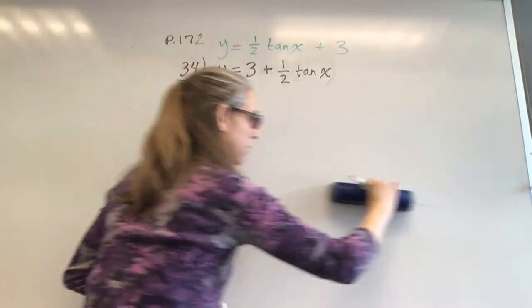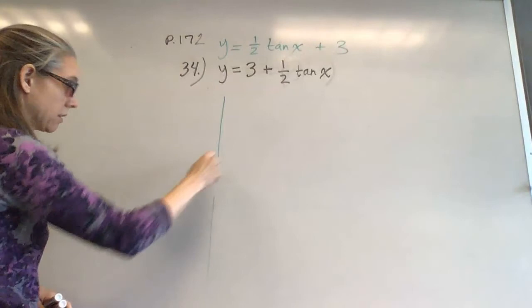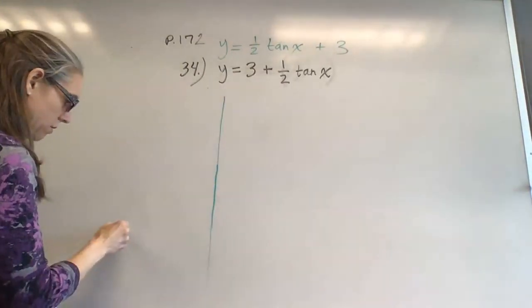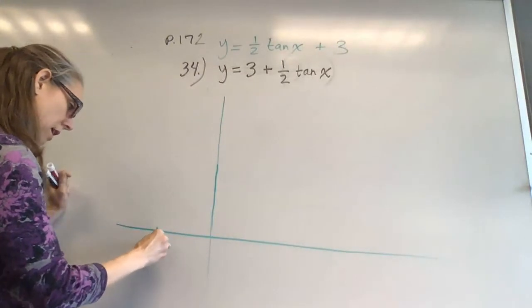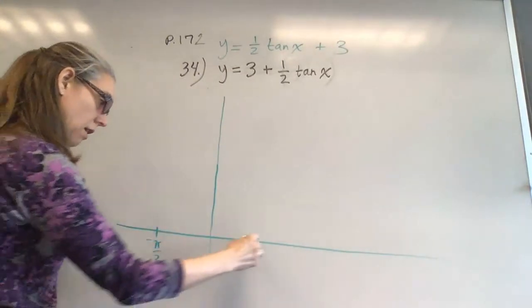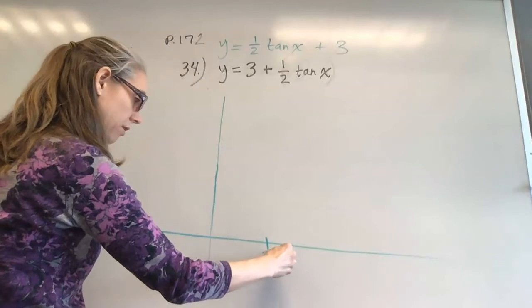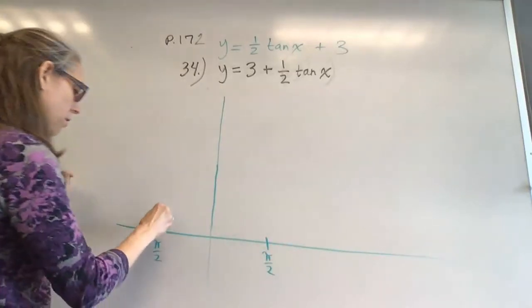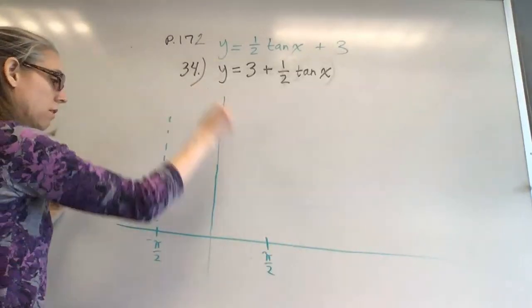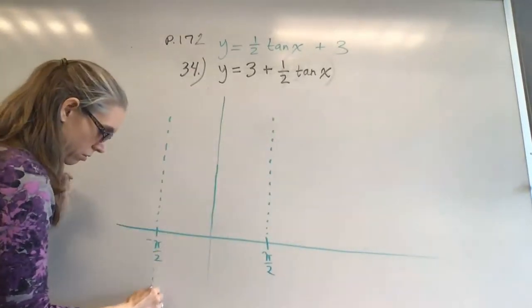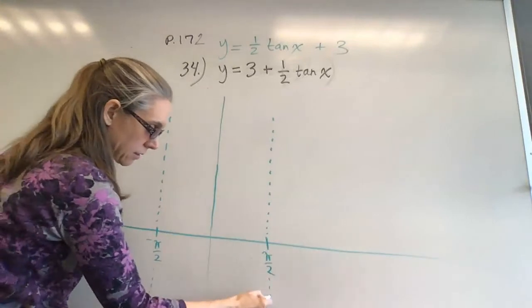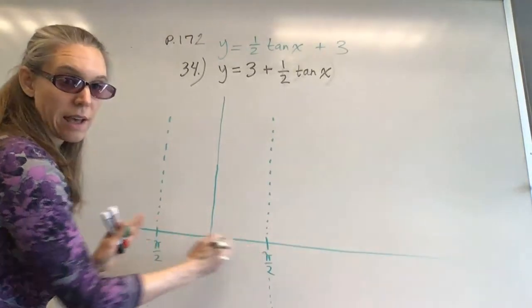Actually, I would like to have a lower x-axis because this is shifted up, right? So here I'm going to have negative pi halves to positive pi halves. This is the default period for tangent. From negative pi halves to positive pi halves, tangent will straddle the y-axis with half of it to the right, half of it to the left.